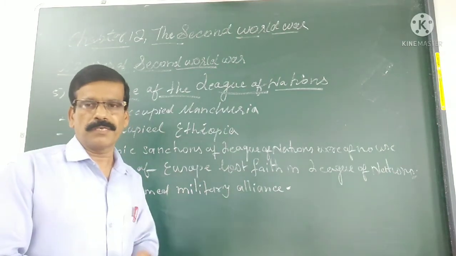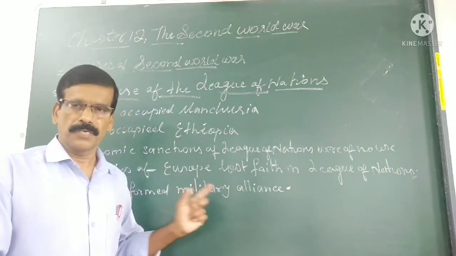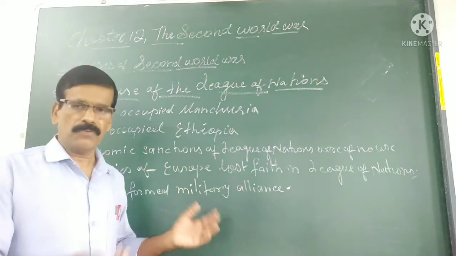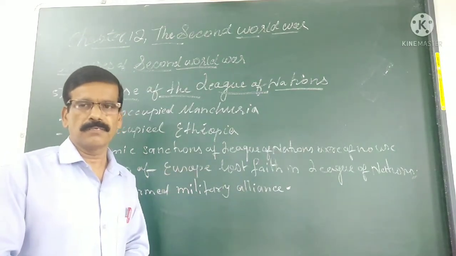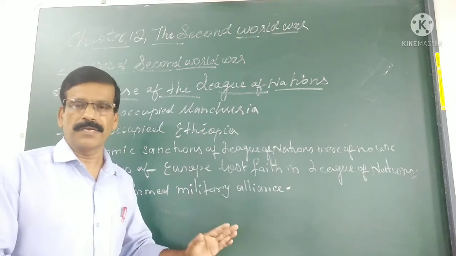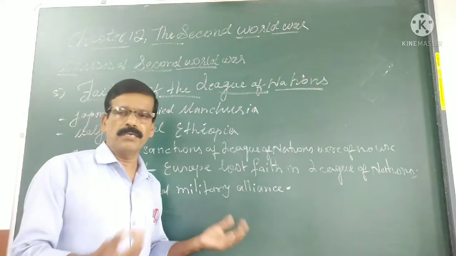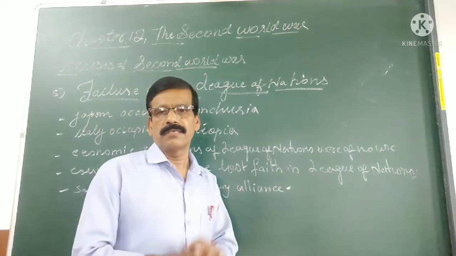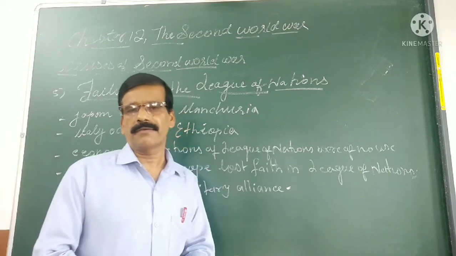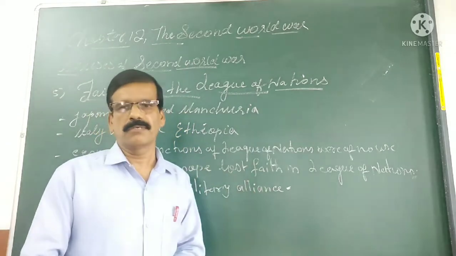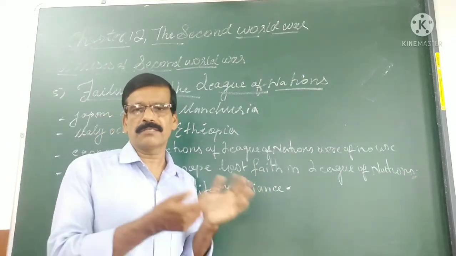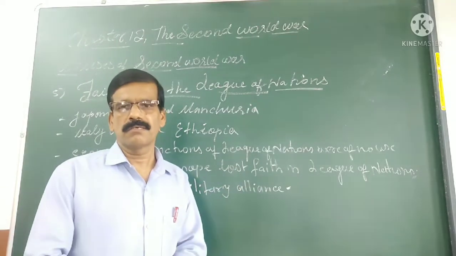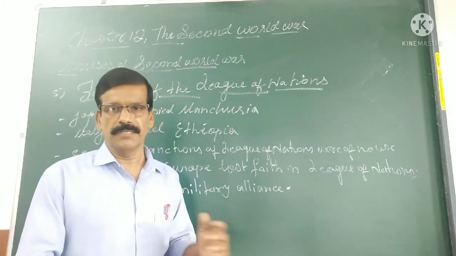A powerful country like the USA did not join the League of Nations, and there was no collective responsibility among its members. And the League of Nations could not do anything when a country is very powerful and follows an aggressive policy.